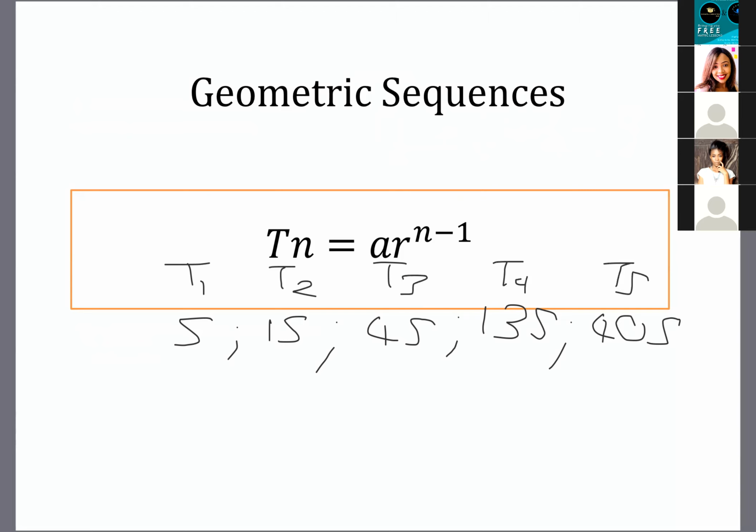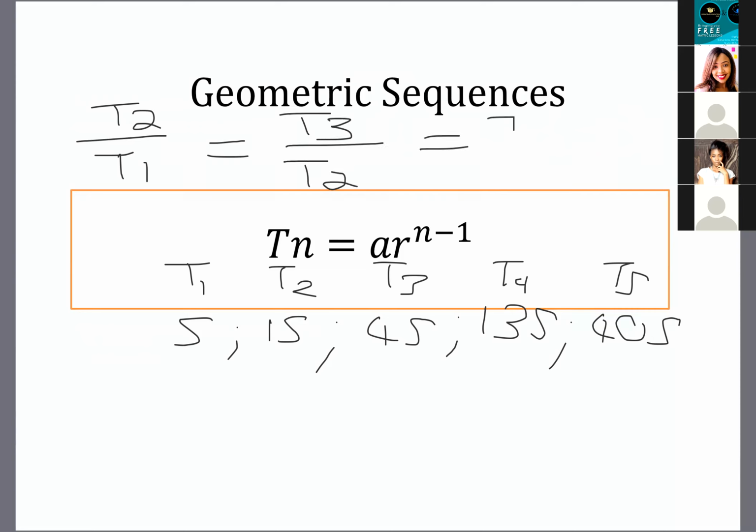So what I mean by common ratio is that if I take my T2 and divide it by my T1, that should equal T3 over T2, which is equal to T4 over T3, and so on. Do you understand? So it's when I divide them. With this one, if I say 15 over 5, this gives me a 3, right?